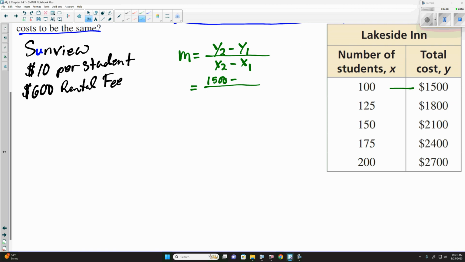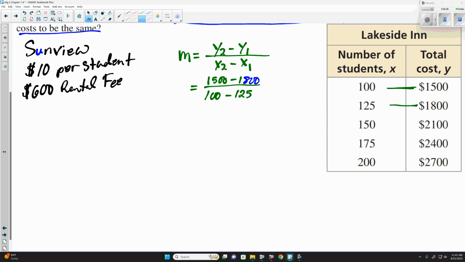The corresponding x is 100. So if 100 students go to the Lakeside Inn for prom, it's going to cost $1,500. We need another y value. 1,800. And its corresponding x value is 125.